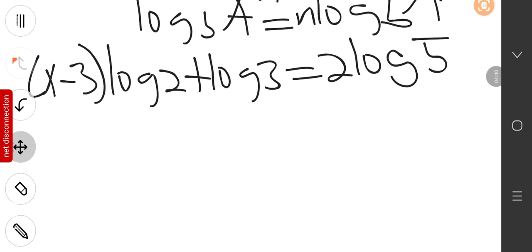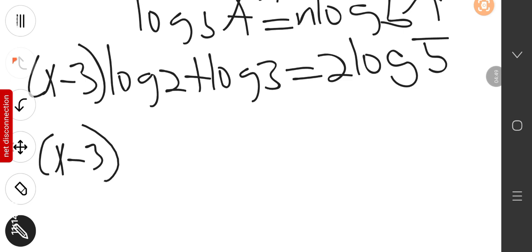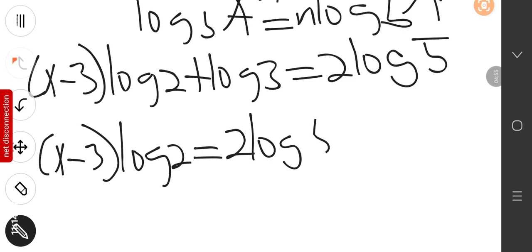Here we're going to transpose log 3. So you're going to say x minus 3 times log 2 equals 2 log 5 minus log 3.